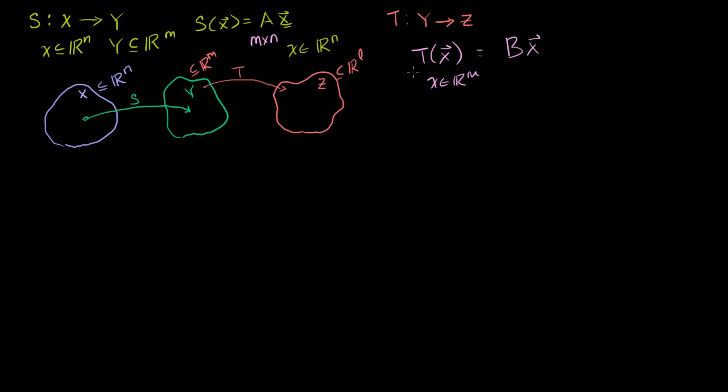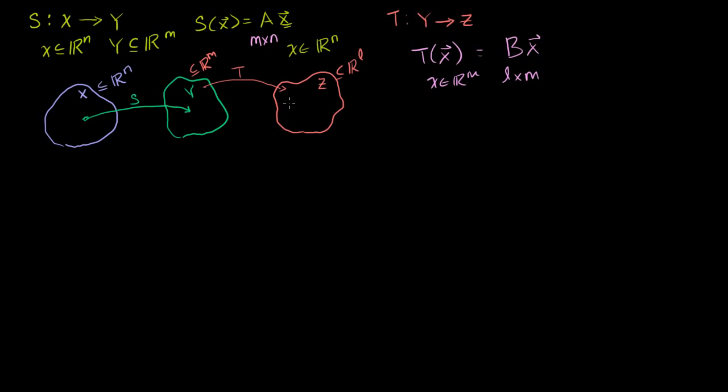And what are the dimensions of matrix B going to be? X is going to be a member of Rm, so B is going to have m columns. And then it's a mapping into RL, so it's going to map from members of Rm to members of RL. So it's going to be an L by m matrix right there.